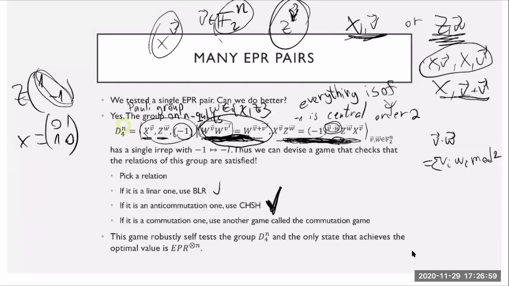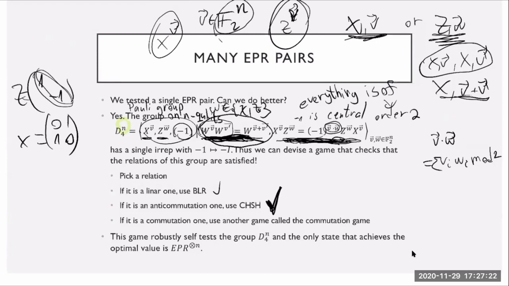So it's a constant robustness. So basically, if you randomly choose some 90% or 99% of the relations, then the only group that satisfies these relations would be the Pauli group.